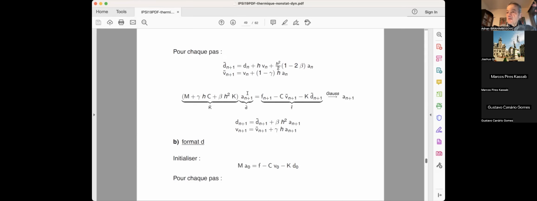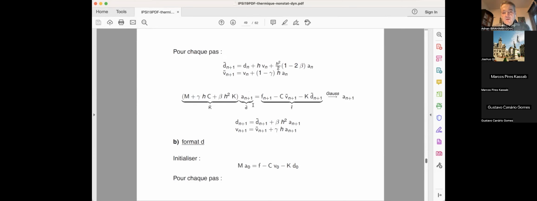And here you keep only the values that you had in the full approximation. So this will be M plus gamma h C plus beta h squared K, which gives you the unknown: the nodal value of the acceleration vector at time n plus 1.